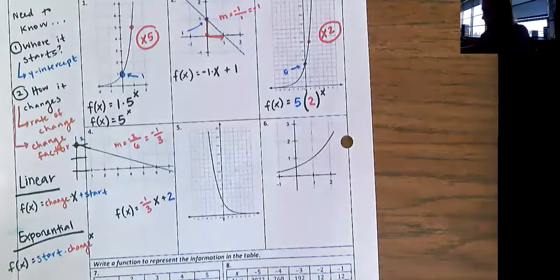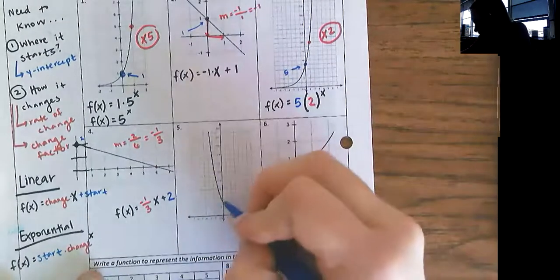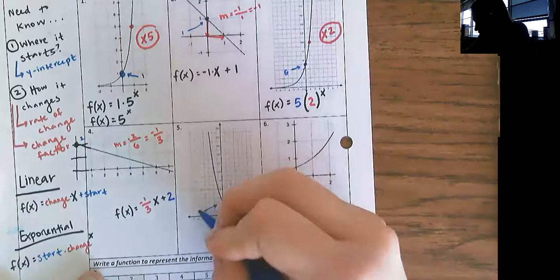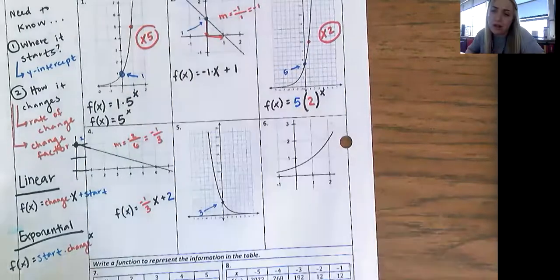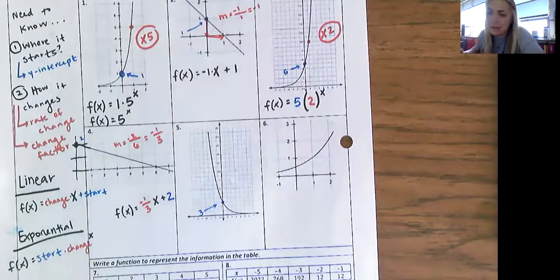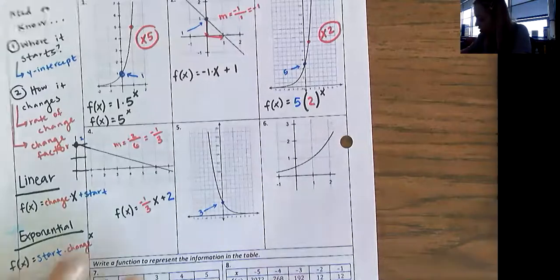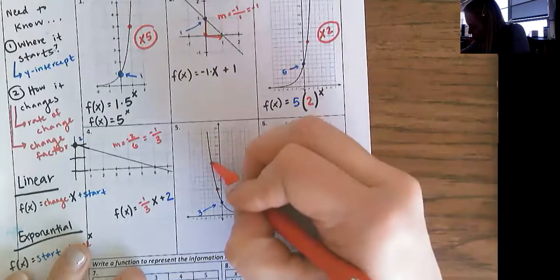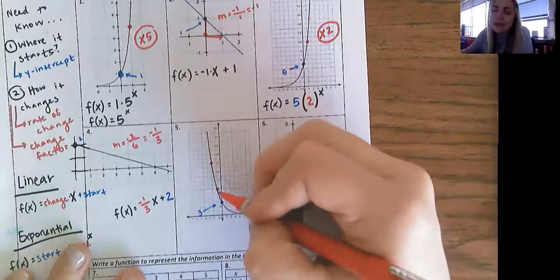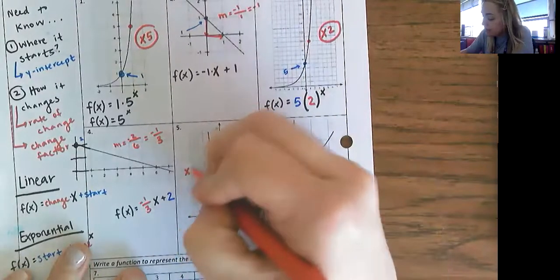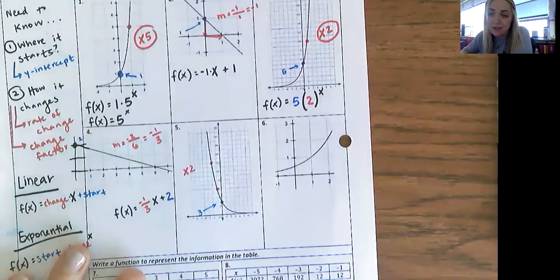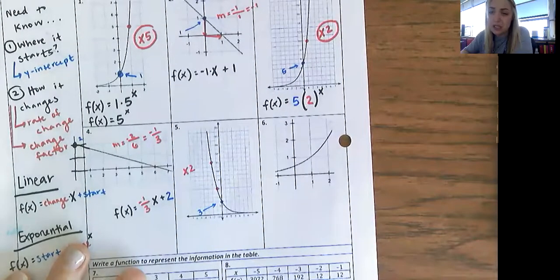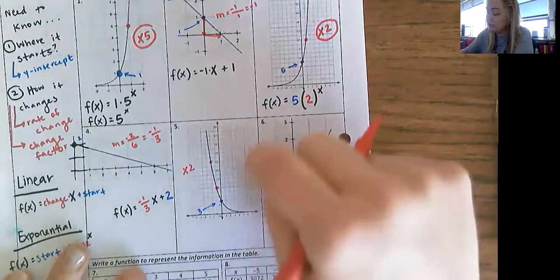On problem number 5, I can see that this one starts at 3. Now I cannot see on the fraction side, the smaller side. That's really difficult to find where it changes. So I'm going to go the other direction. I'm going to say 6, and then we have a dot at 12. So from 3 to 6 to 12, I'm multiplying by 2. Ninth graders, that is not your change factor. 2 is not your change factor. Change factor has to multiply to the right.